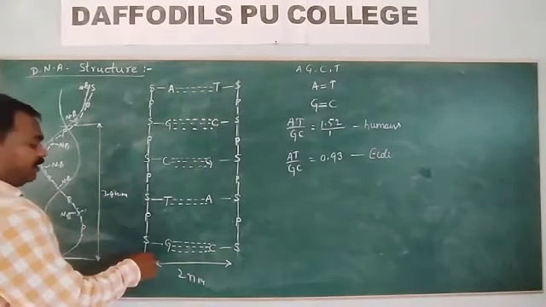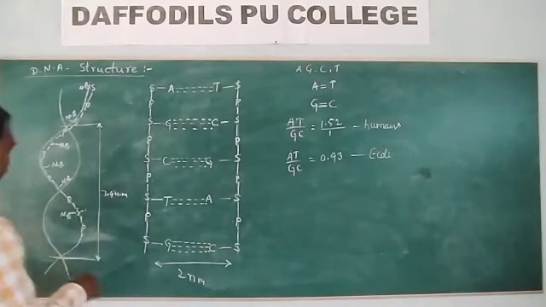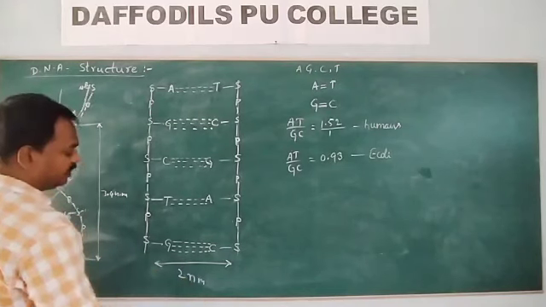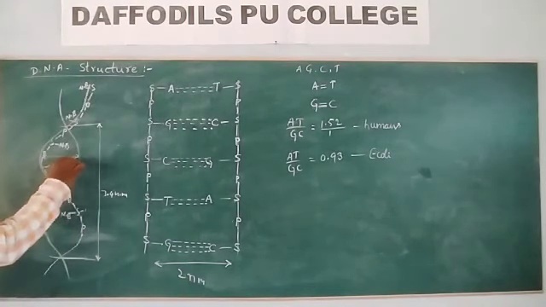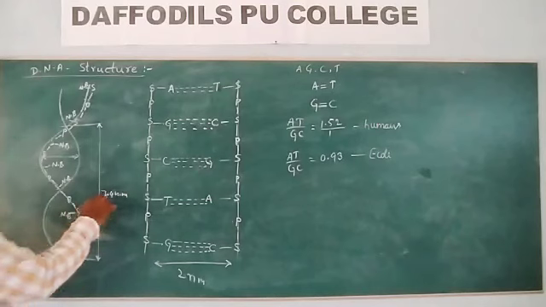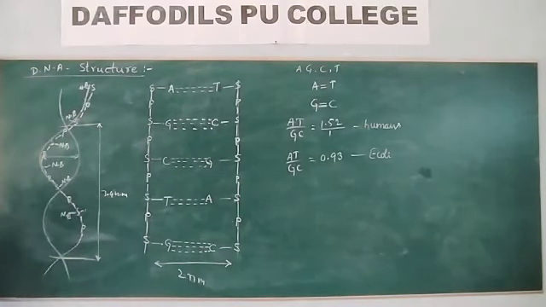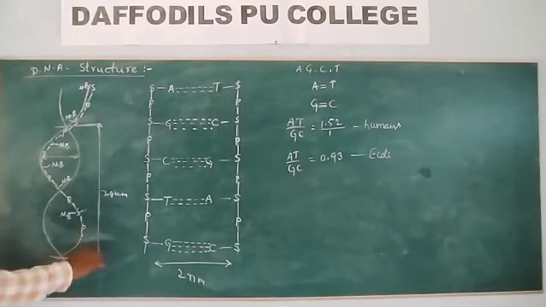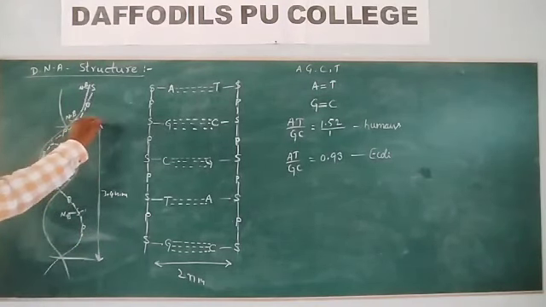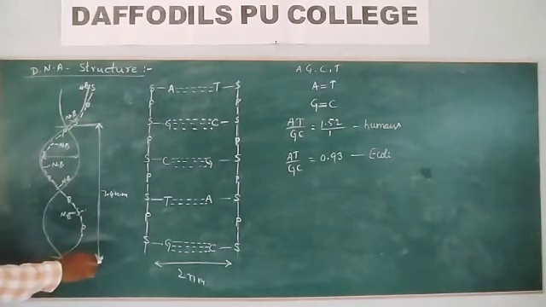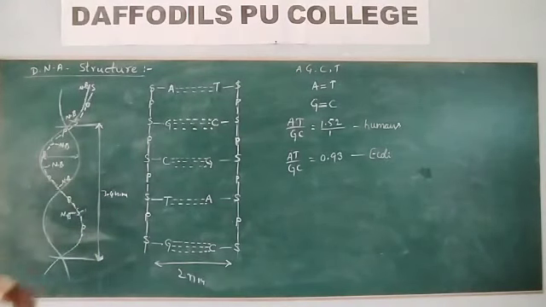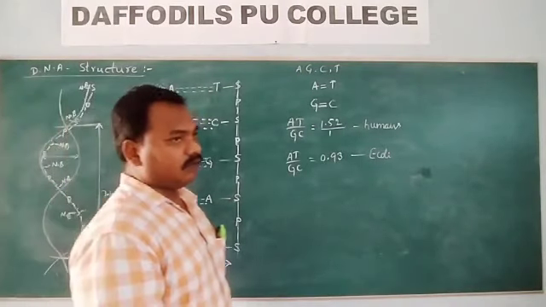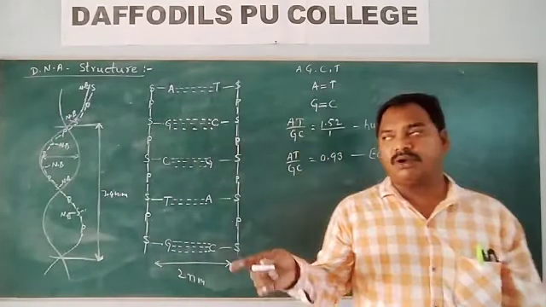Now look at here, the diameter of this double helix is 2 nanometers. The distance between these two strands is 2 nanometers. And the length of the complete 360 degree rotation of this DNA structure is nearly 3.4 nanometers.